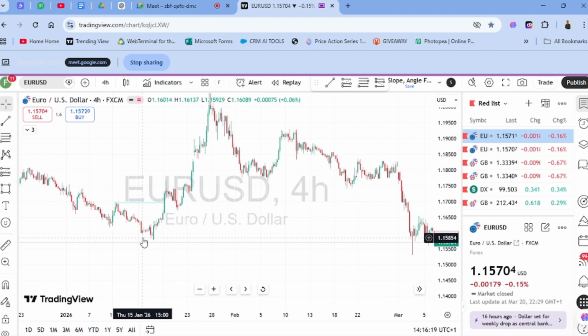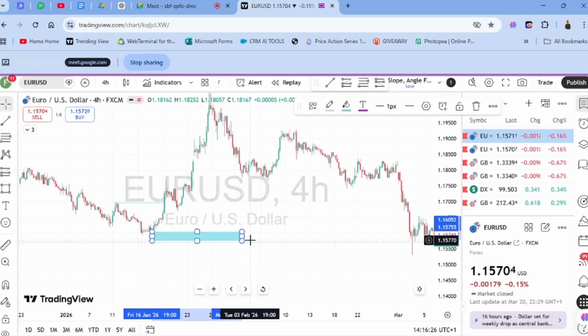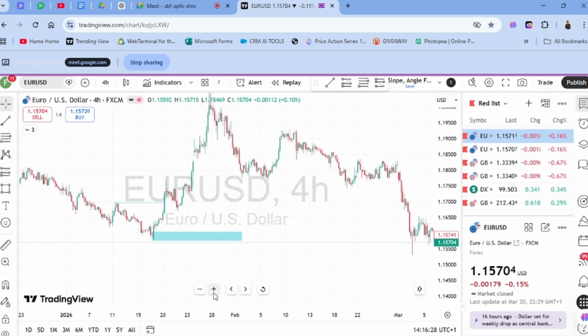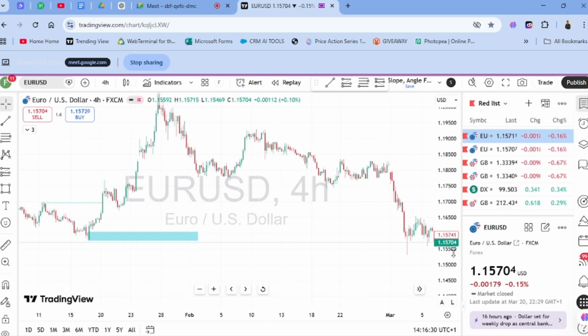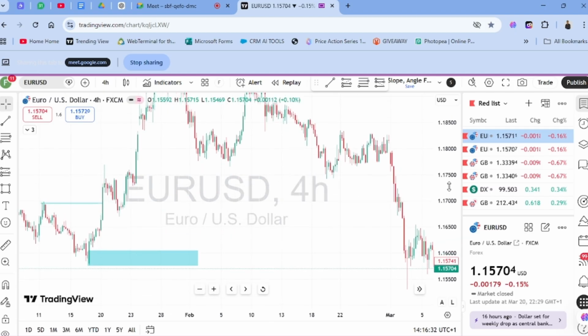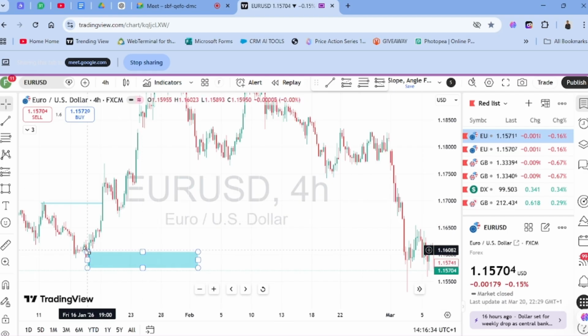Now, if you look at this structure, someone can call it the support level. Now, why I will not call this a support level: there was a gap in between this candle, a small gap. That is also valid. But another demand level that we see, the most recent demand level that led to the push, was here.